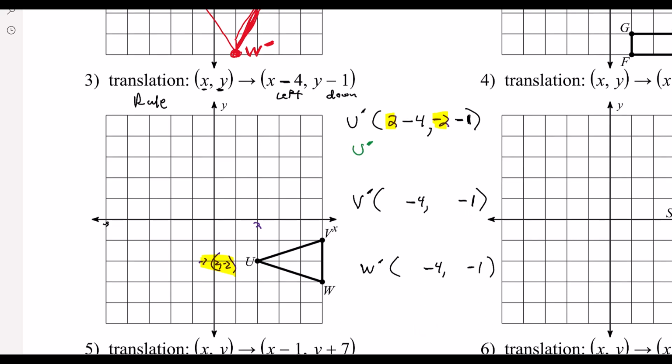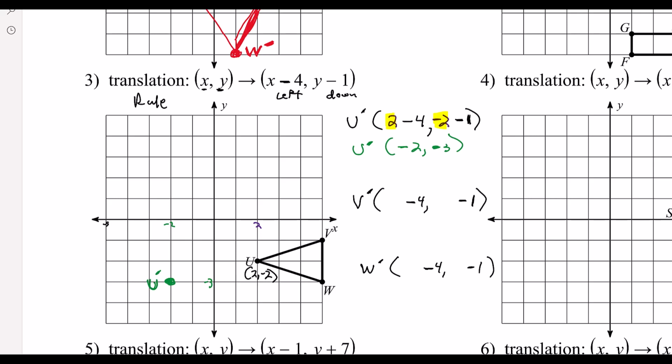So U prime, 2 subtract 4 is -2. -2 subtract 1 is -3. So now, at -2, -3, that is our U prime.